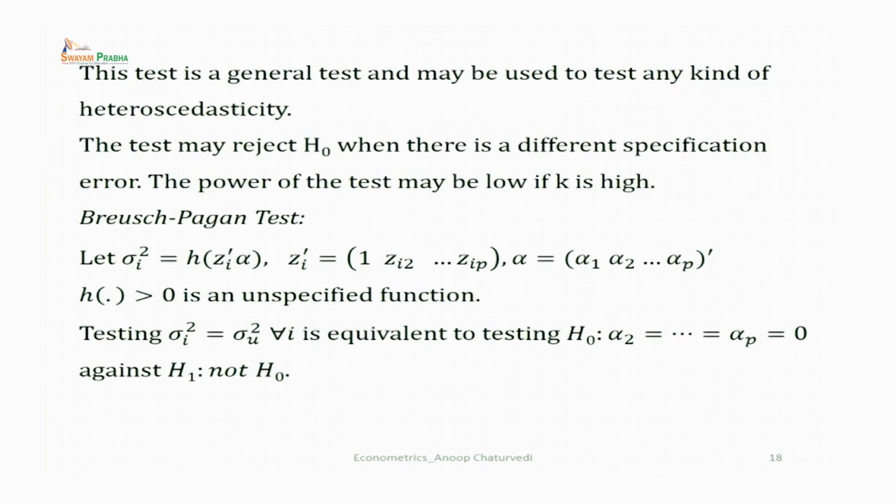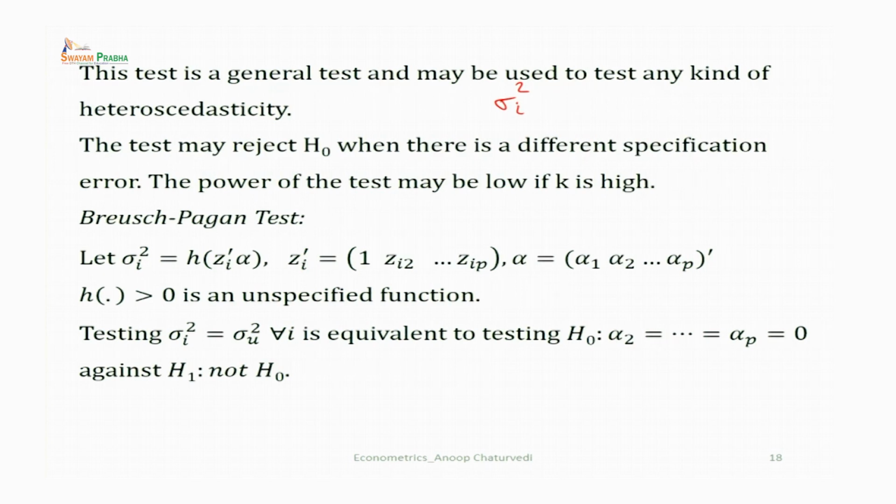Now, this White test is a quite general test, and it may be used to test any kind of heteroscedasticity. Notice that we have not assumed any form for sigma i square, like sigma i square is proportional to something or anything like that.